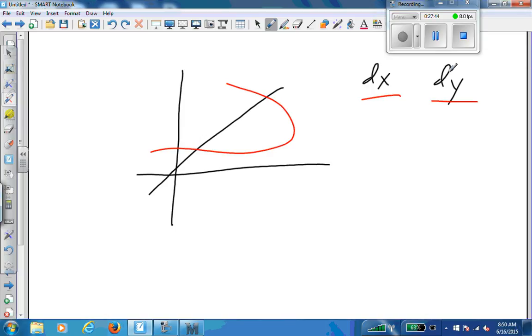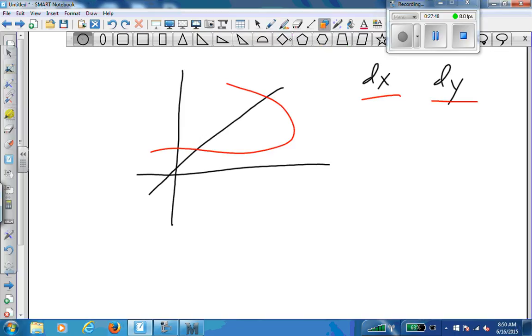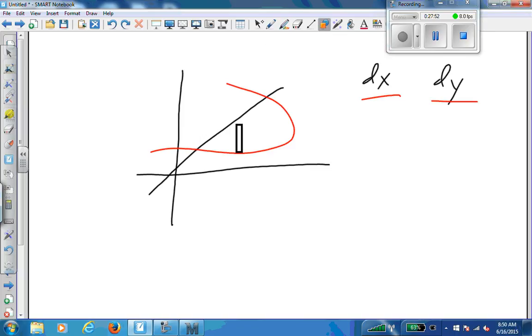So to determine, we need to think, if we were to draw a sample element, will that sample element always have one equation as the top, the other equation as the bottom?